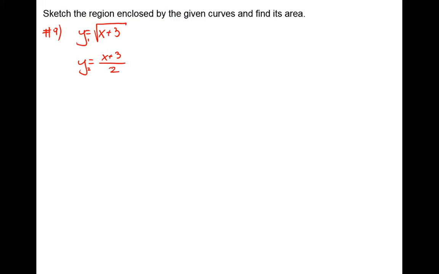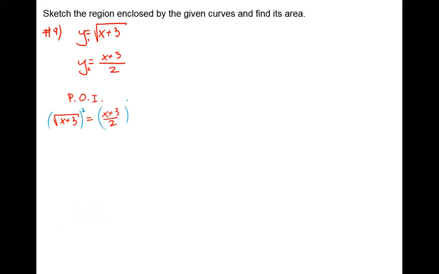Okay. That means, always having two curves, let's start to find the points of intersection. The first curve, the square root of x plus 3, must be exactly the same as x plus 3 over 2. We will square both sides.